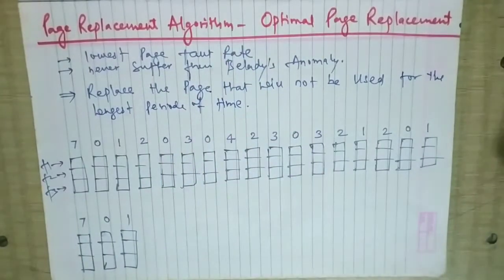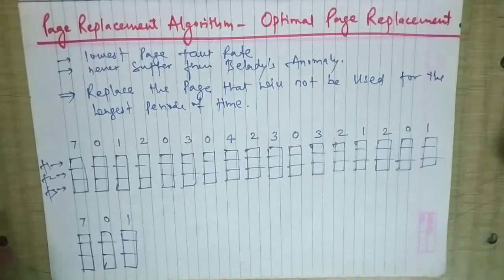Okay, so we have to replace the one page that will not be used for the longest period of time. Among the three, 1, 2, 3, you need to talk about the future now. From among the 3 pages, you need to find which page will not be used.